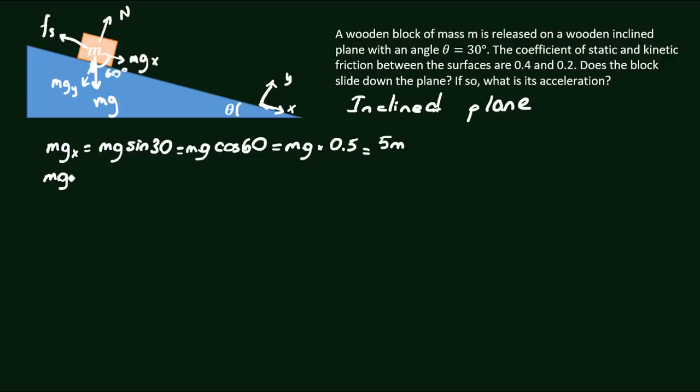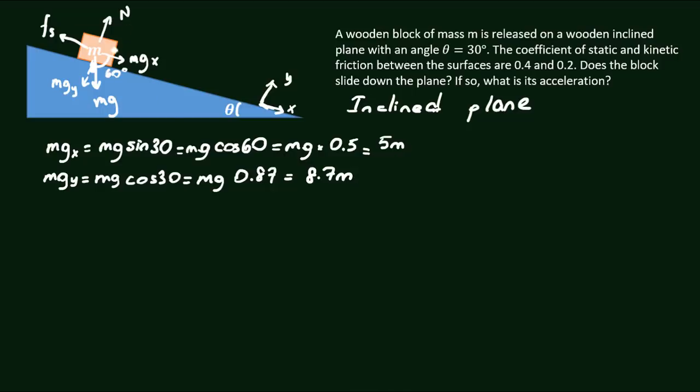Similarly, the y component of the gravitational force is mg times cosine of 30 degrees, which is mg times 0.87 almost, so it's 8.7m. So we have the two components figured out.